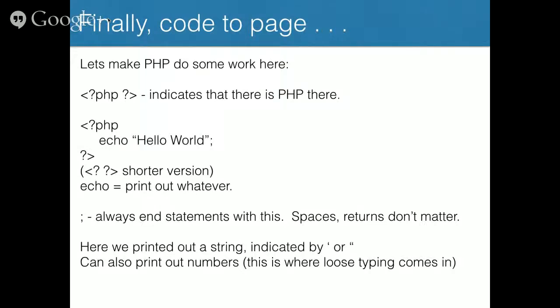That says to the server, hey, this right here is PHP, and we want you to send this to the PHP interpreter. What it does is run whatever is between those two tags. The other thing we're going to be talking about is this thing called echo. And echo does exactly what it implies. It repeats back what is directly after that.